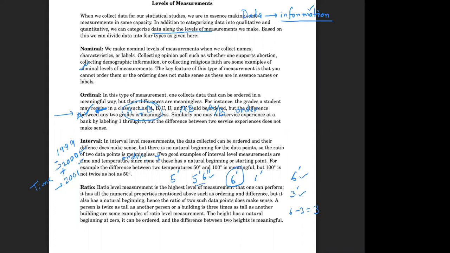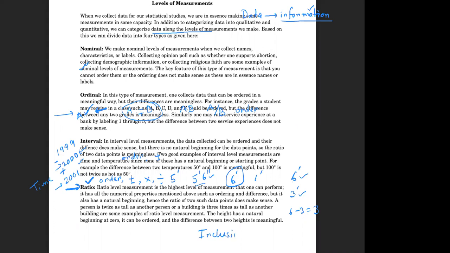So in this type of measurement, you can not only order, you can add or subtract and multiply or divide. All of this makes sense. So ratio level measurement is the most inclusive, or most encompassing, type.